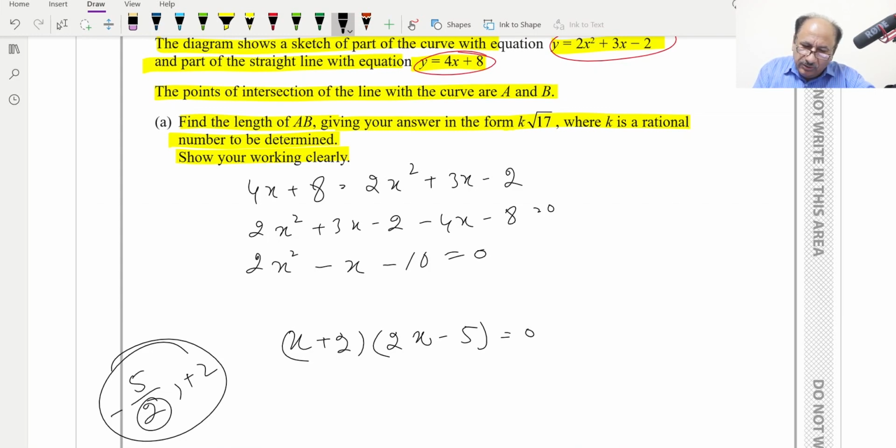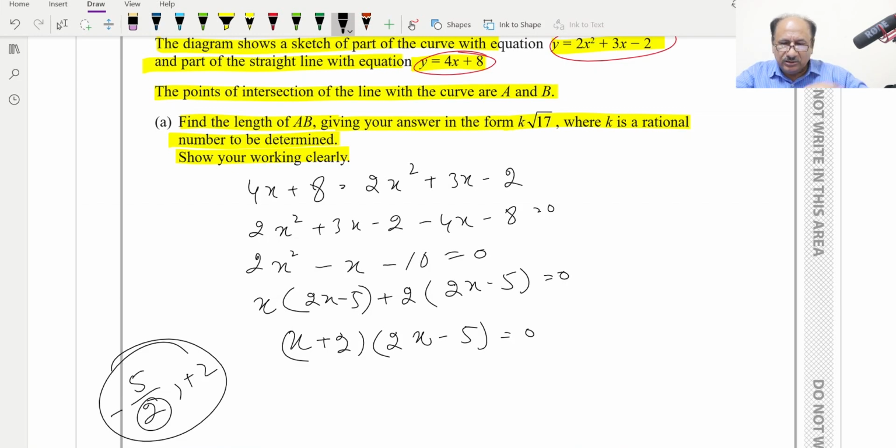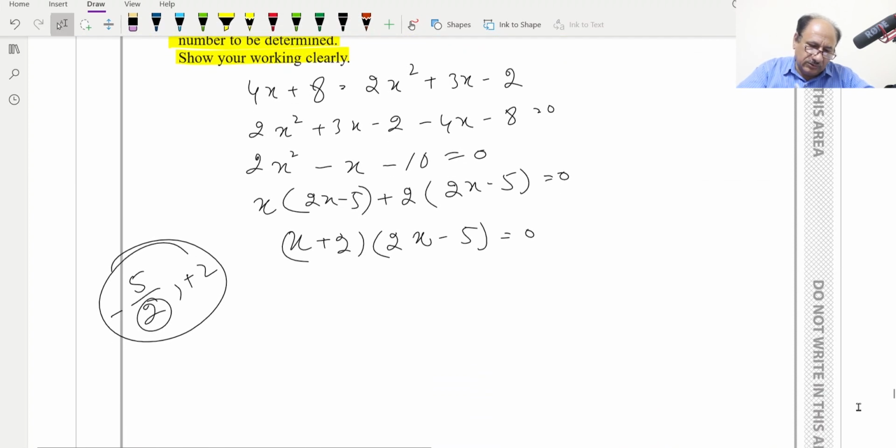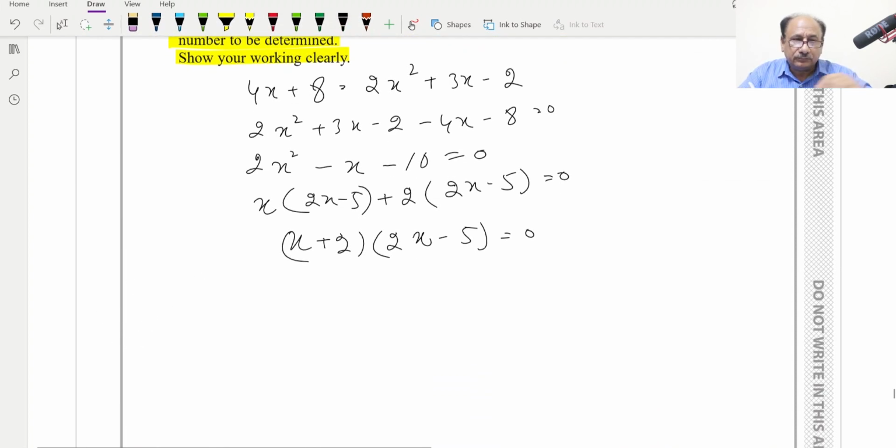And I will write the intermediate step first, this x, and the second step is 2x minus 5, and then plus 2 this portion. So I will write here plus 2, and 2x minus 5 is equal to 0. And this is perfect. We have done everything perfectly.